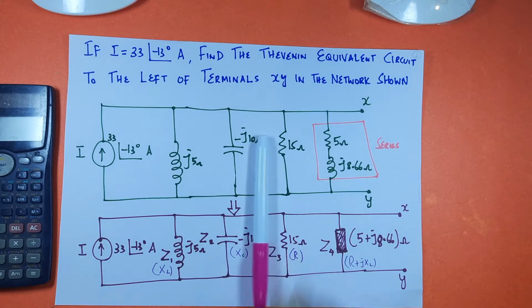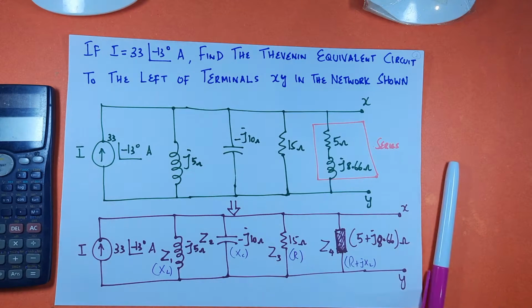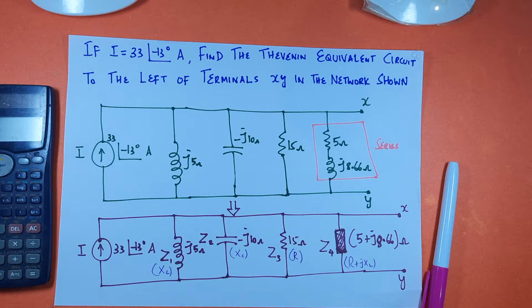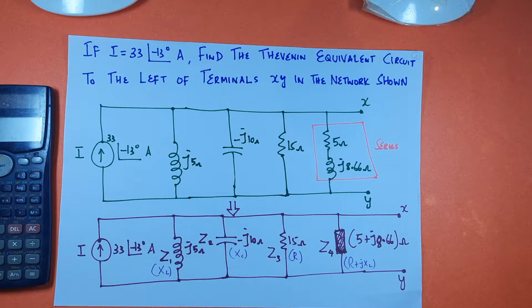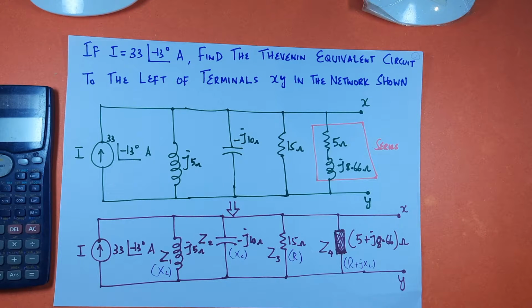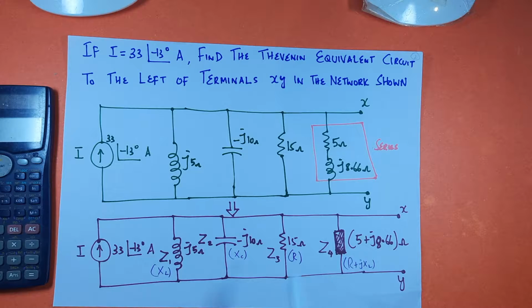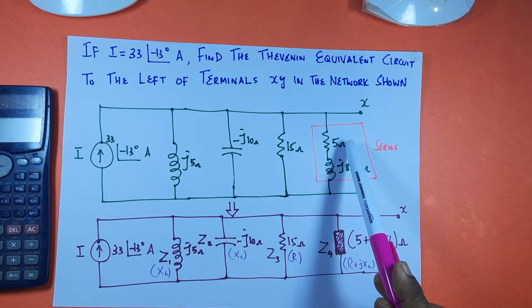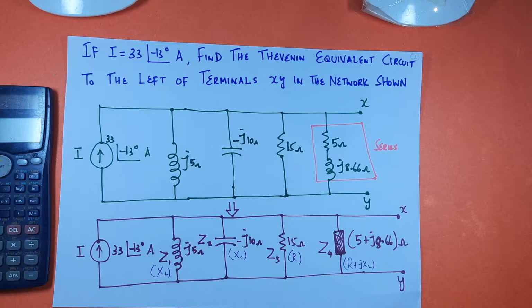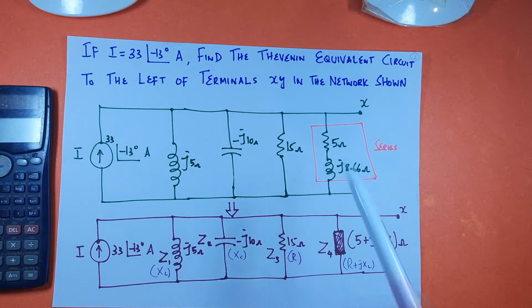Here we have a current source 33 angle minus 13 degree ampere, and we have inductive reactance j5 ohm, capacitive reactance minus j10 ohm. This is a pure resistor 15 ohm. Here one resistor in series with inductor, so 5 ohm, j8.66 ohm.